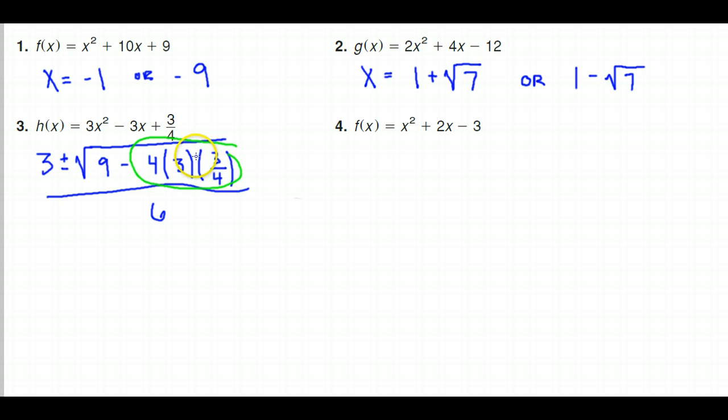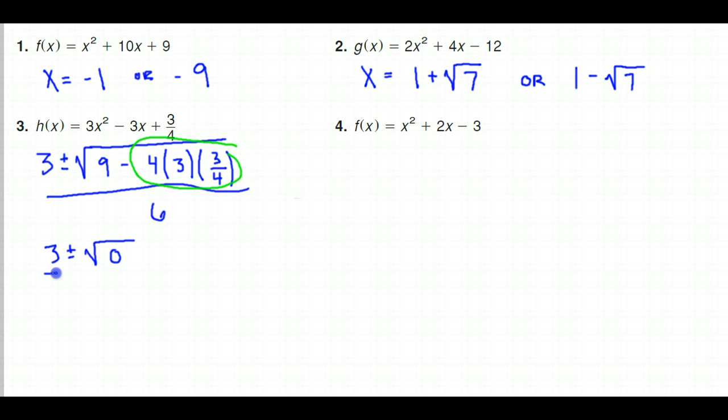So really, this is 3 times 3, which is 9. So what I have here is 3 plus or minus the square root of 9 minus 9, which is 0.